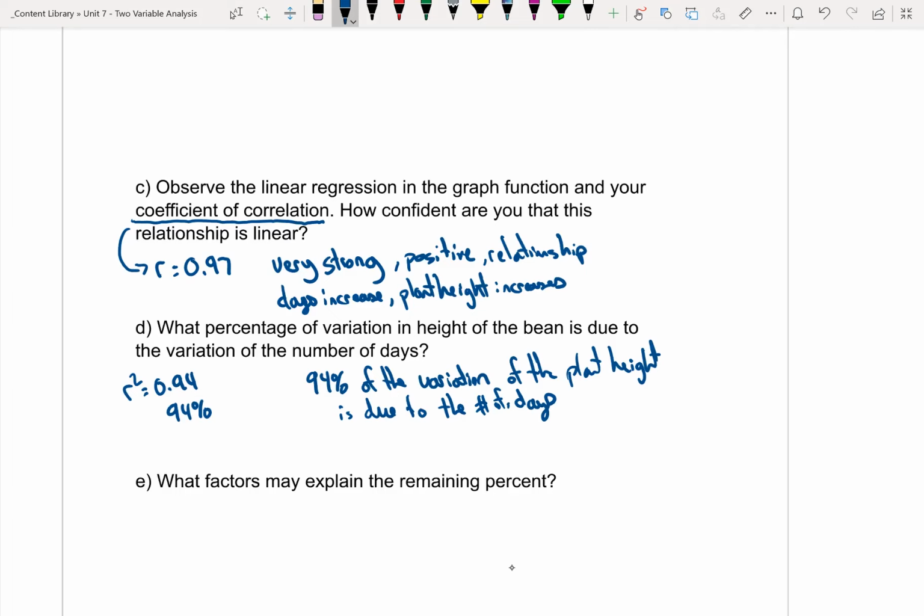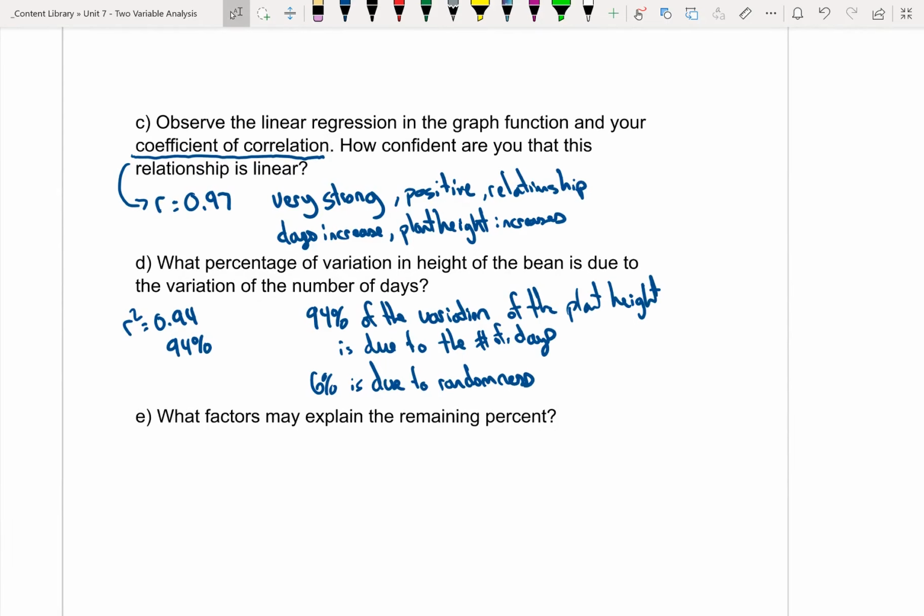And this would mean that 6%, or the remaining percent to 100, is due to randomness, or other variables that we haven't taken into account, or we aren't measuring.